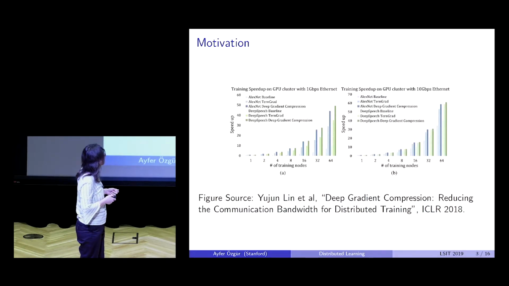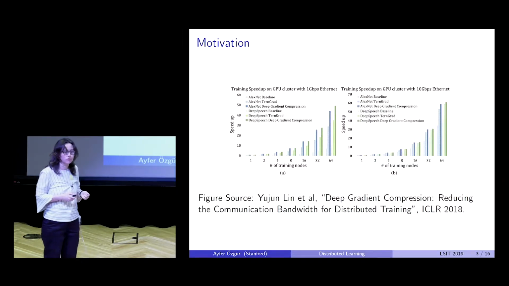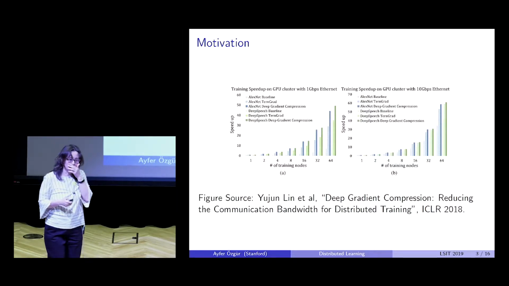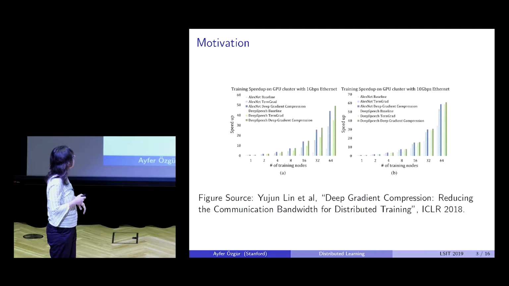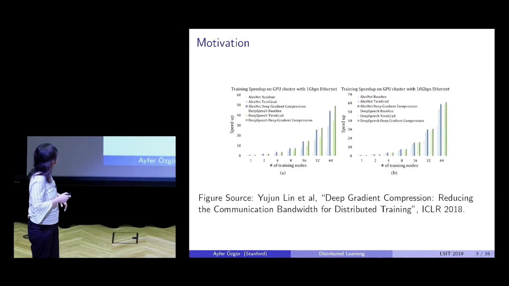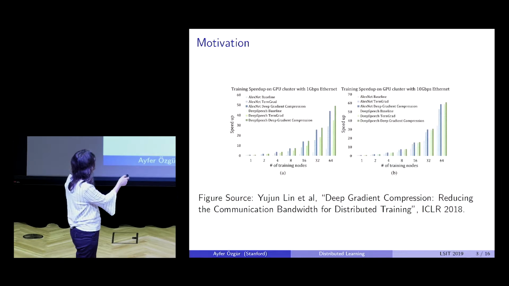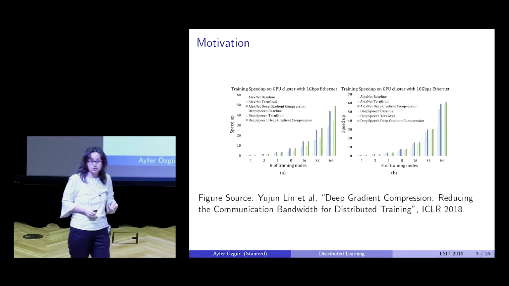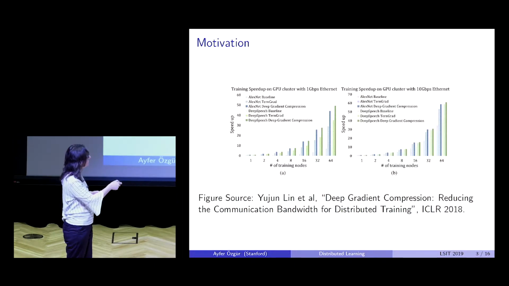So here is one experiment that was done in the group of one of my colleagues at Stanford, where they do the following. They're training neural networks, and they are distributing the training over up to 64 nodes. And they observe that when these nodes are connected to each other with 1 gigabit per second Ethernet connections, then you get almost no speed up in training.